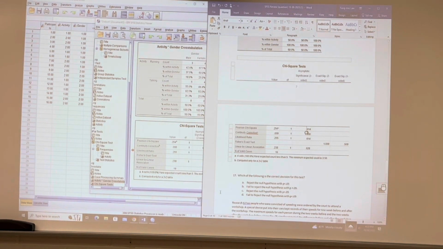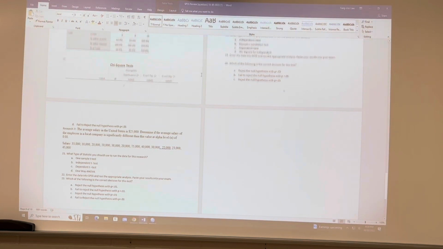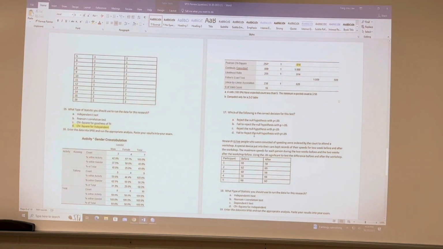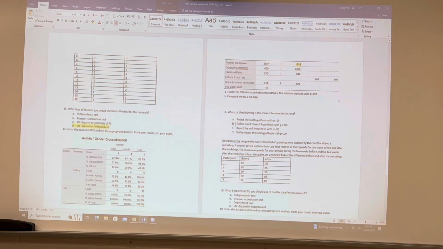Highlight it so you remember what number it is. Okay, this number. So, what's our answer? Do we reject or fail to reject? We fail to reject, right? Because it's bigger than 0.05.